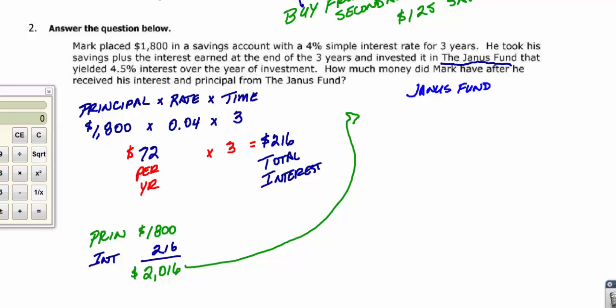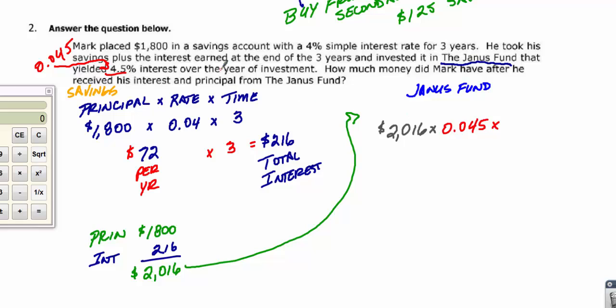This first part was the savings. So this is his savings account. He's going to put this in the Janus Fund. And when he puts it in the Janus Fund, he's putting in $2,016 times, what kind of rate do they give him? They give him 4.5 right there. 4.5, 0.045.